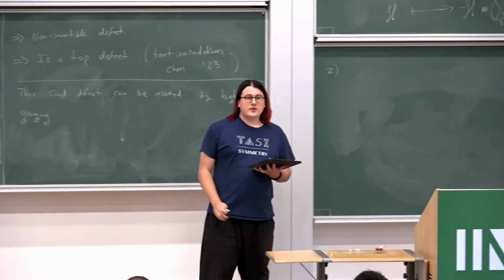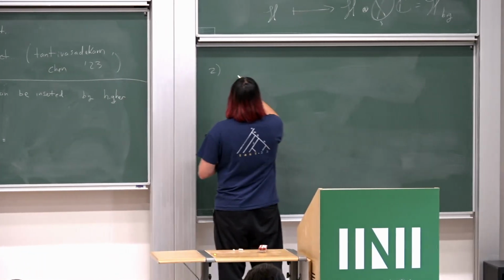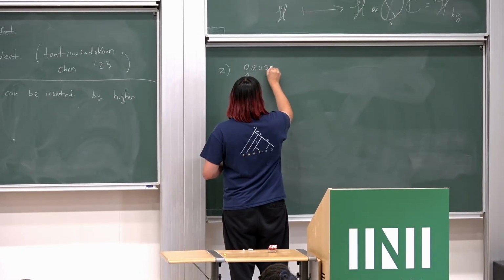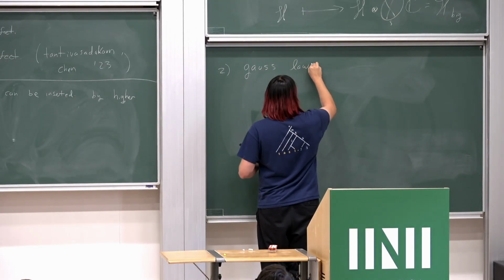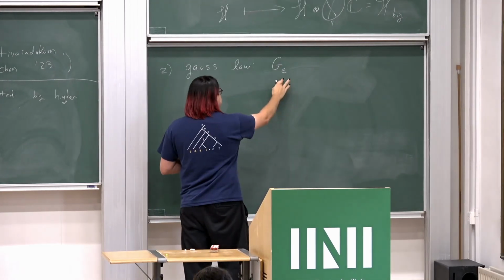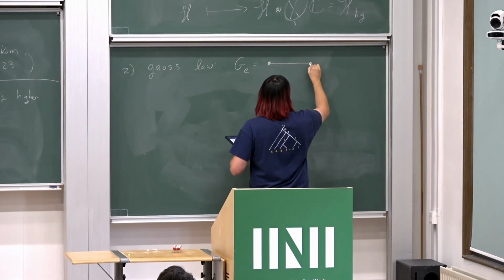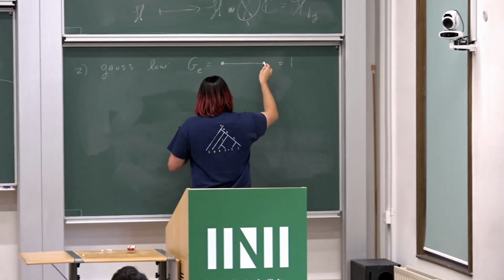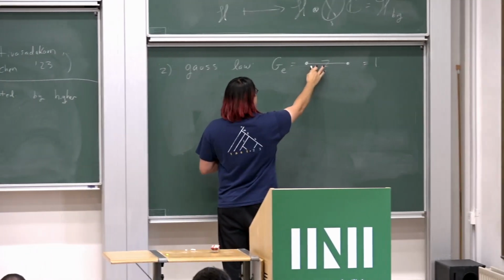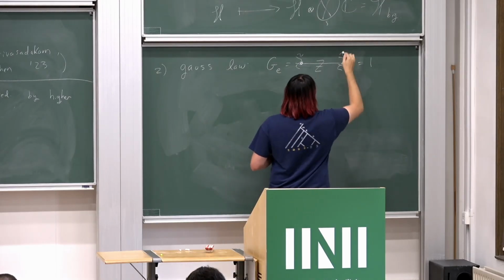And enforcing the Gauss law includes defining the Gauss law. So I'm going to define this Gauss law. For any edge E, I want this operator to equal 1 on my Hilbert space. It's going to be a Z acting on the edge, and Z tilde acting on the sites.